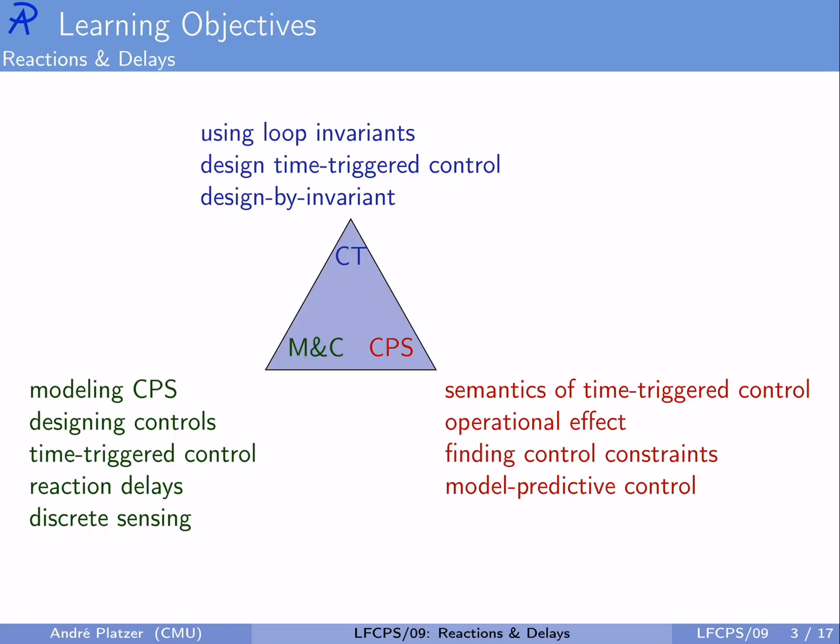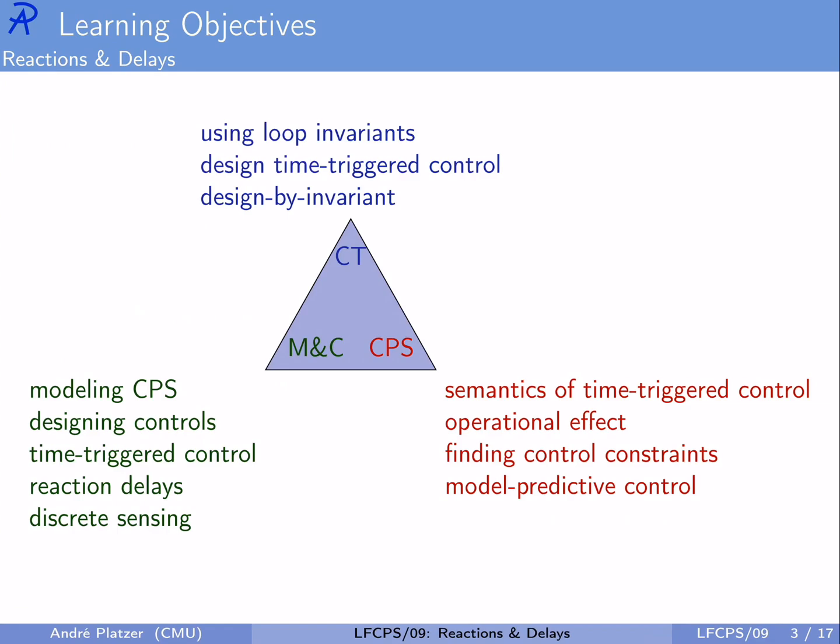What we will be learning is a lot of very crucial lessons in modeling and controls of cyber-physical systems in designing their time-triggered control principles. Time-triggered control is pretty easy to implement, but surprisingly subtle to control correctly.